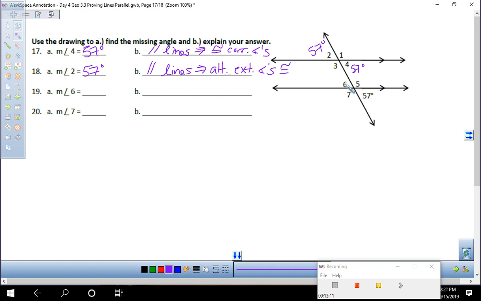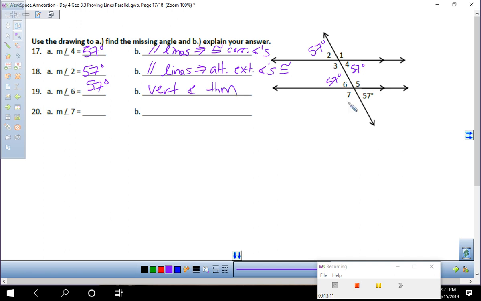Angle 6, again, multiple options. We've got corresponding, we've got alternate interior, or we've got vertical from the original. So 57 degrees again, we'll just go vertical on this one, vertical angle theorem, just keep it simple.